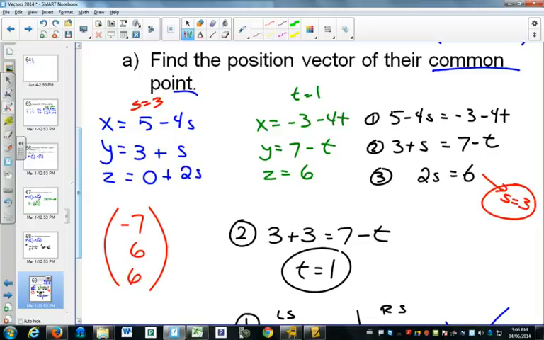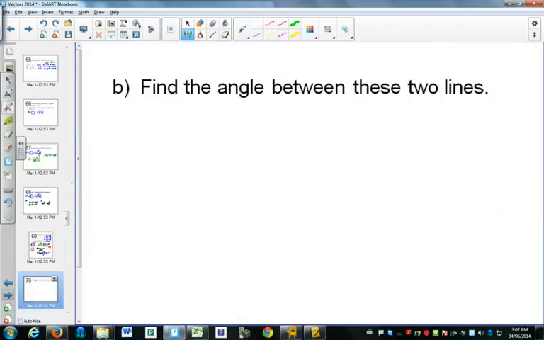And z is always 6. But even if you plug in s, you'll get 6 for that as well. And so (-7, 6, 6) is the common point. Very typical question, finding the point in common, quite likely on a final exam. For sure on your test.